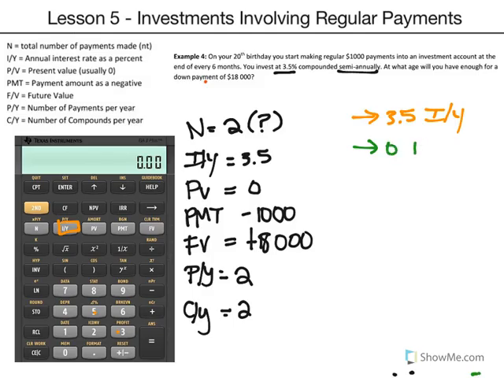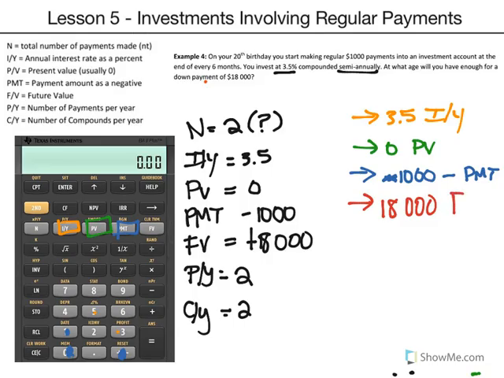So 0 PV. Then we will do our payment. So minus 1,000. Remember to put the minus at the end. Then push the payment. So 1,000 negative payment. Now we're going to do the future value. So 18,000 future value.